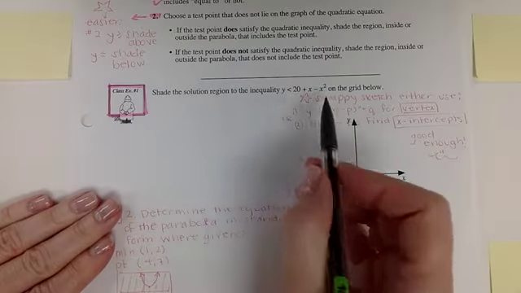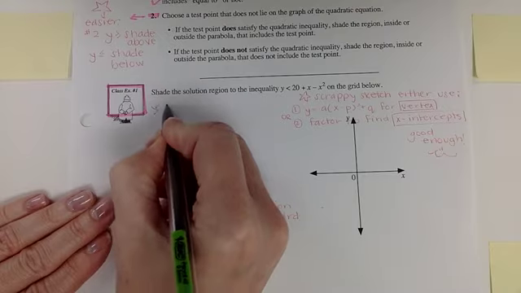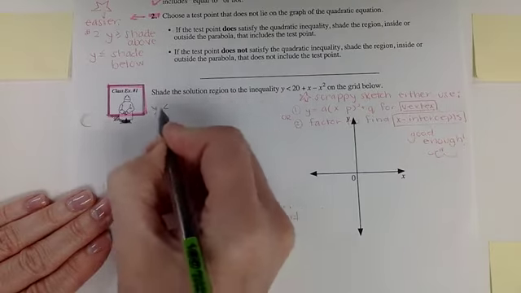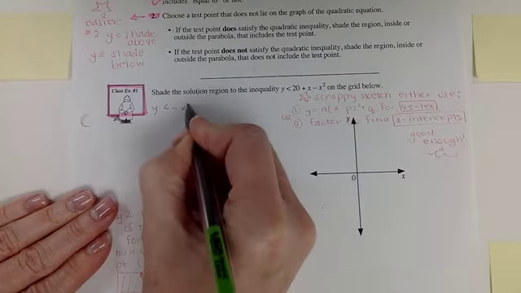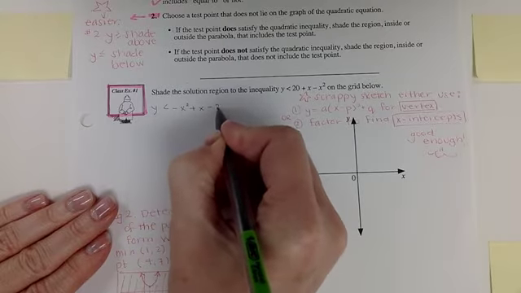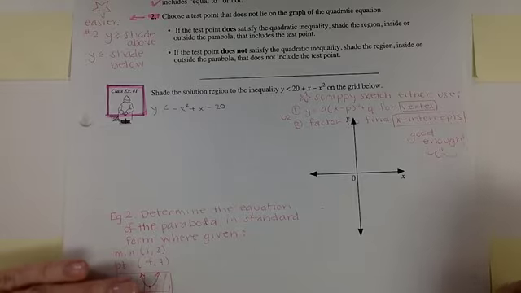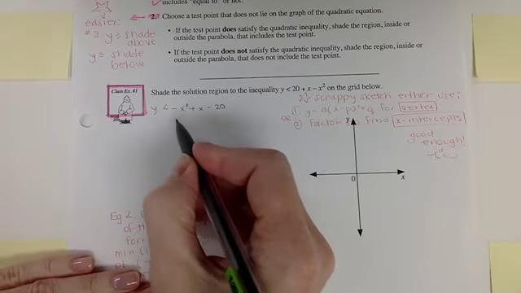And now here we go. So shade the solution to the inequality. Well, y is less than, I'm going to rearrange this, negative x squared plus x minus 20. I could either complete the square and find the vertex, or this is lined up nicely for me to factor. So why don't I do that?